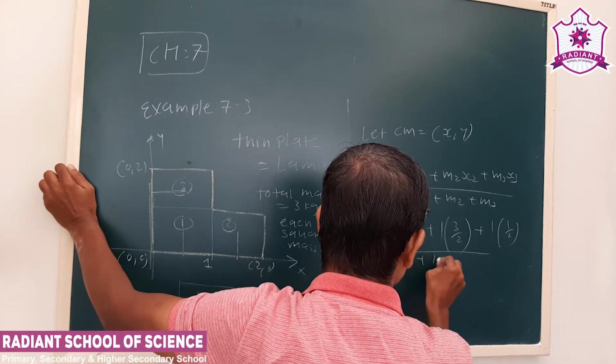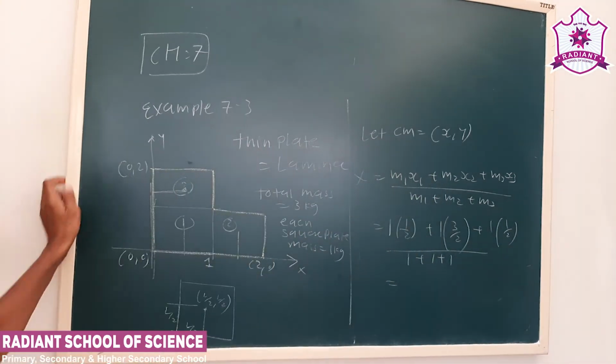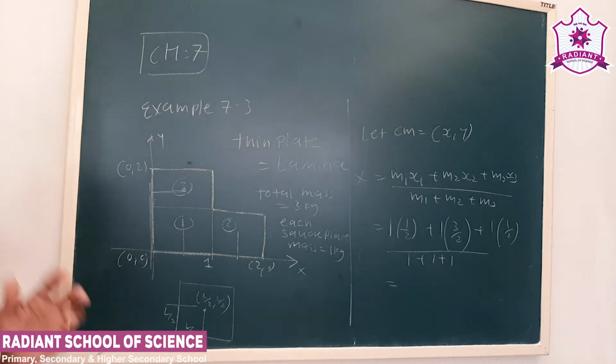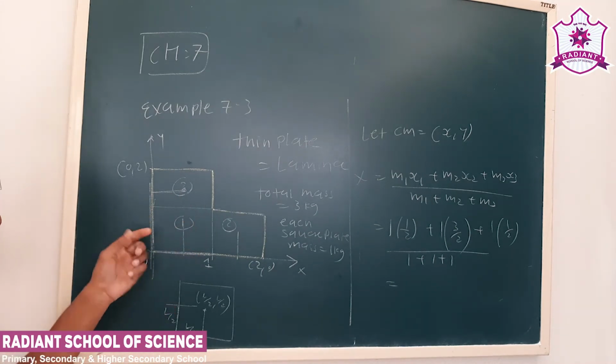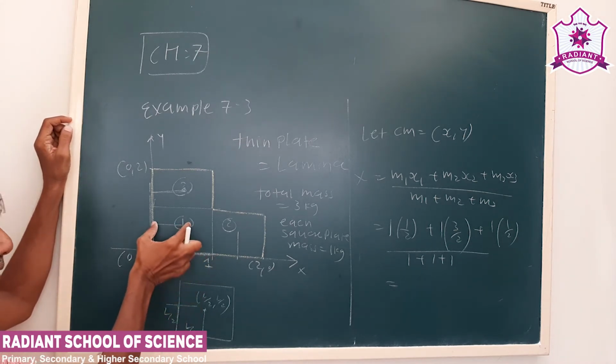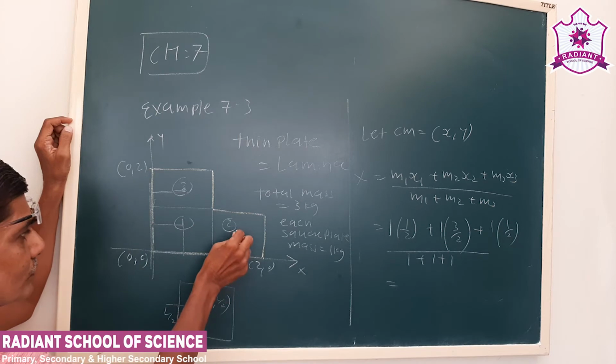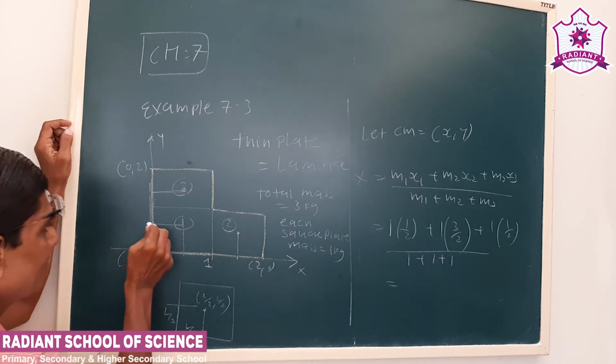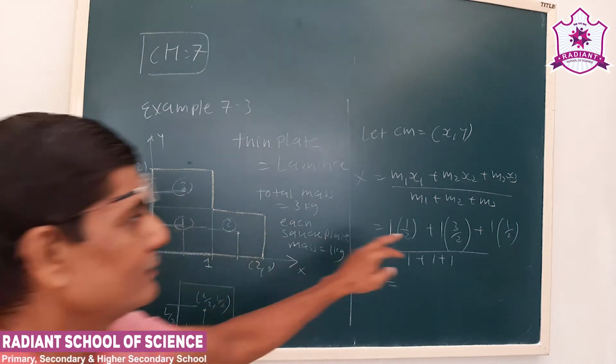Now let me explain again. See, mass is 1 kg. The x coordinate will be how much? The total length is 1, so it will be 1 by 2. For the second plate, it will be 1 plus 1 by 2, that will make 3 by 2.